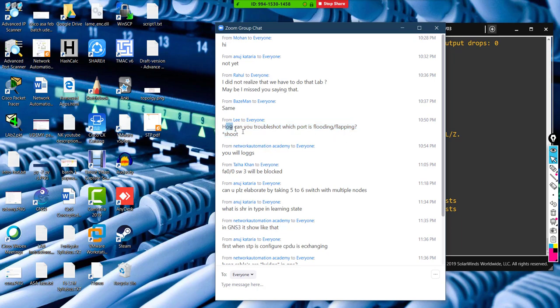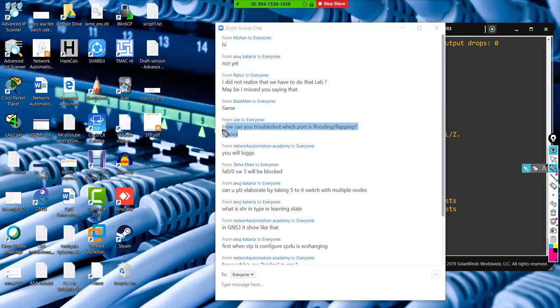Okay, how can we troubleshoot which port is flooding? I know why you asked this question. It was put up when I said that when a loop is happening due to inconsistency, the MAC address tables of these devices get piled up.